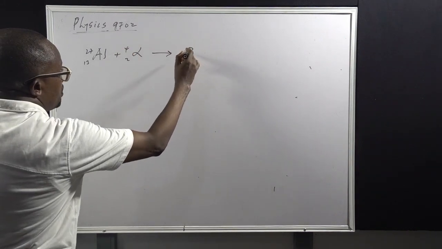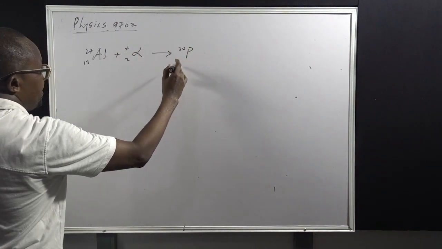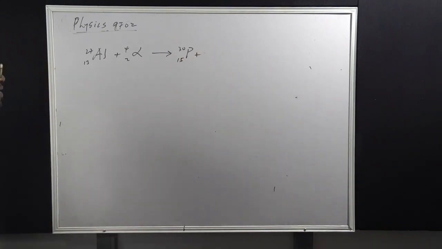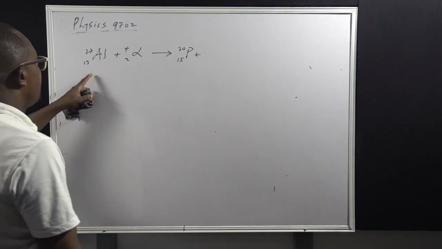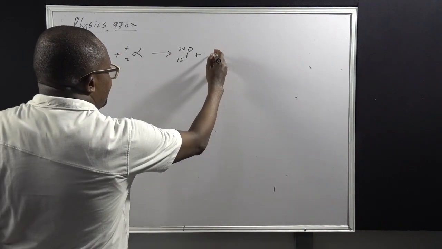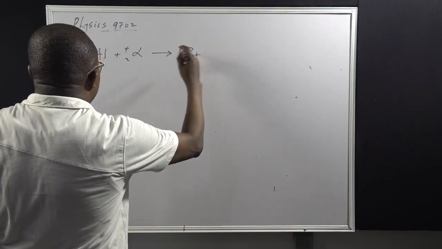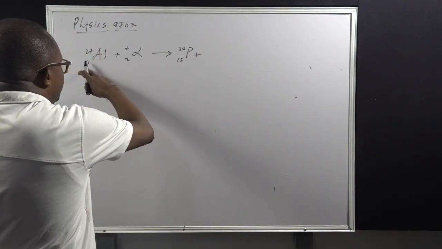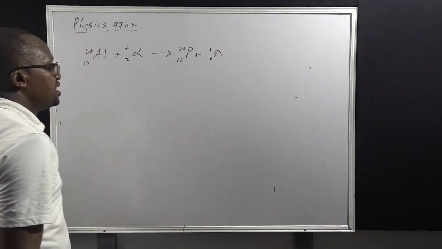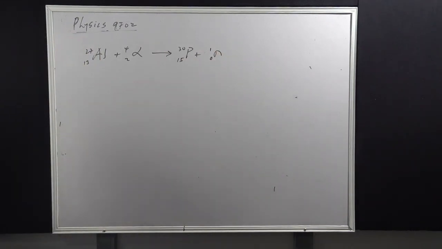This will give phosphorus 30,15. The ejected particle will be: 27 plus 4 is 31. Then you have 30 plus 1. Then 13 plus 2, 15. 15 plus 0. So that means the ejected particle there is a neutron. Okay? The ejected particle there is a neutron.